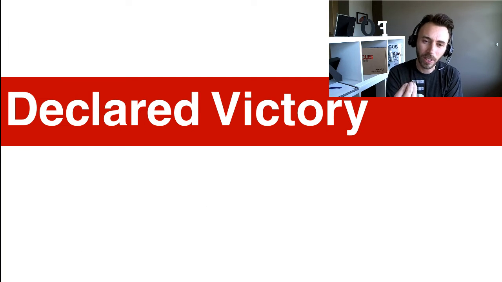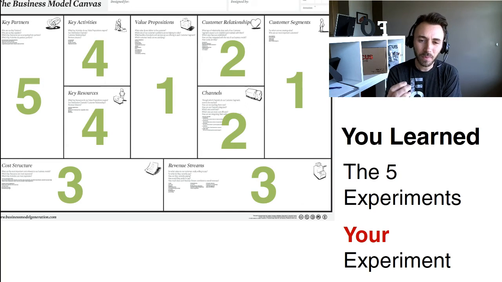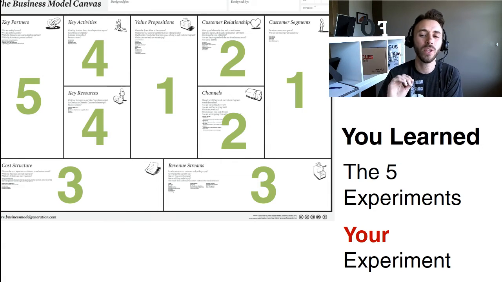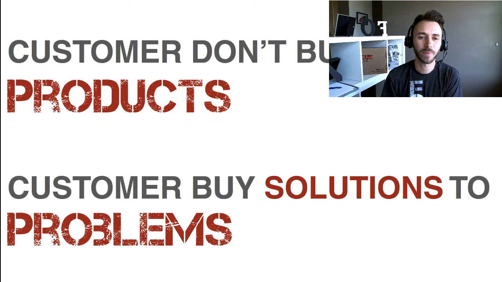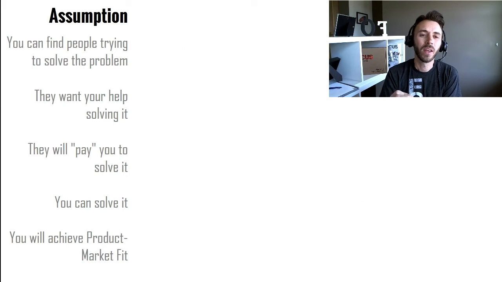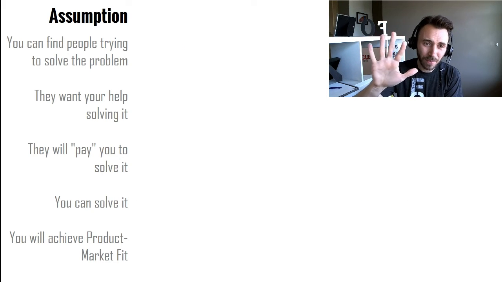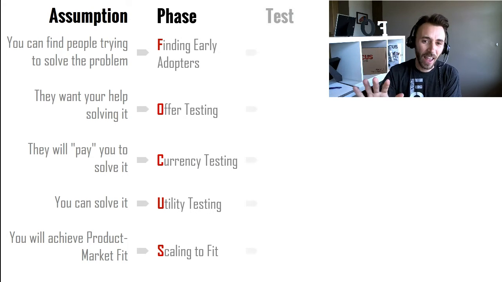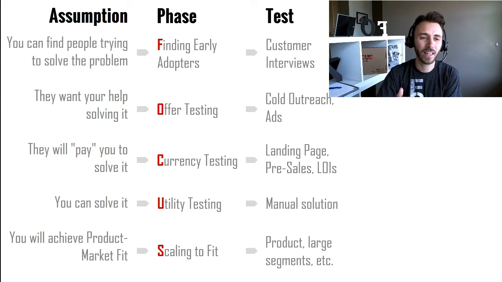You declared your victory, you wrote it down, and then you learned the 5 experiments you need to run to actually achieve that victory, and the order you need to run them in. And you identified which experiment you need to run next. You know that customers don't buy products, customers buy solutions to problems. You learned the 5 assumptions that we talked about and how they correspond to the 5 phases of product market fit, and the 5 experiments you need to run and the order you need to run them in.